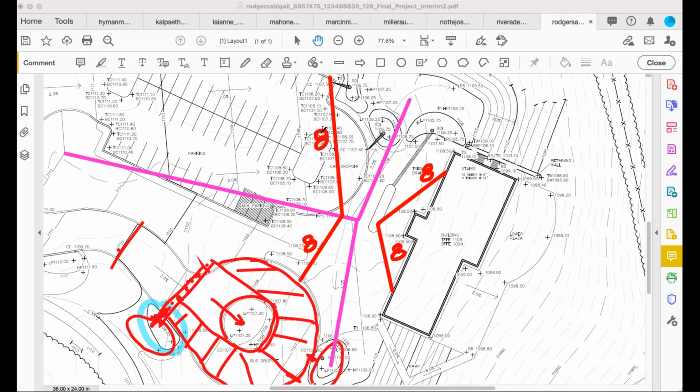And then I would have my 7 being somewhere over here, and my 7 being somewhere here.